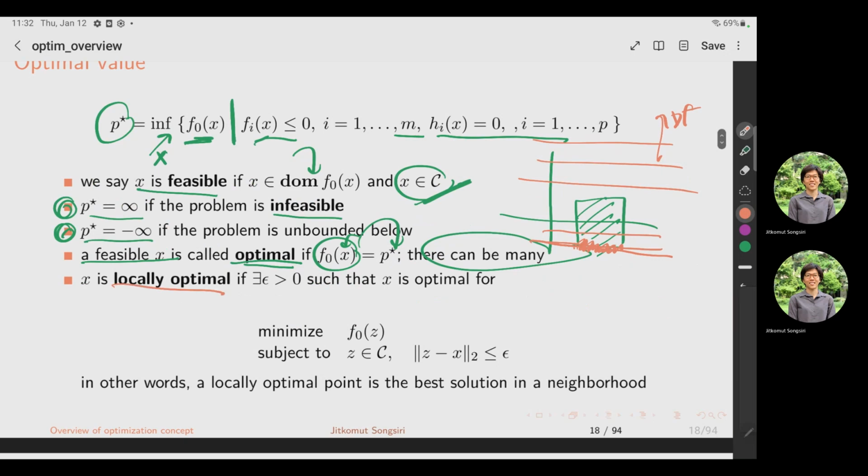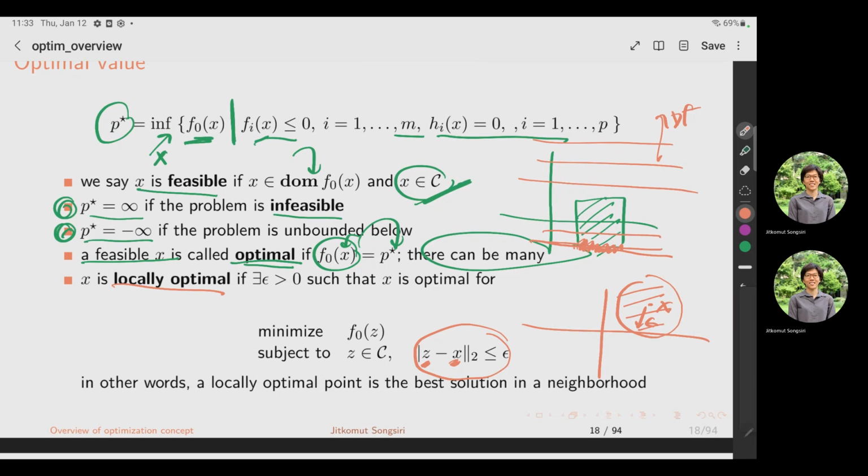So I give you a bunch of words, right? We say x is locally optimal. Locally optimal means that when I compare x to any points in the neighborhood, this inequality suggests that any vector z that is not too far away from x, measured by the 2 norm with radius epsilon, is in the region of all points z that satisfy this inequality.